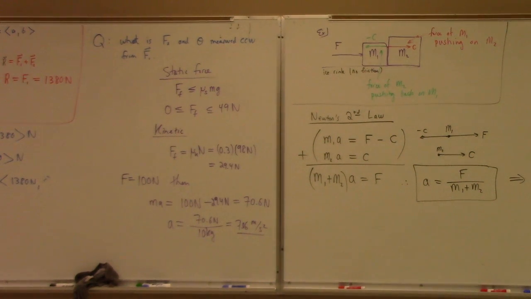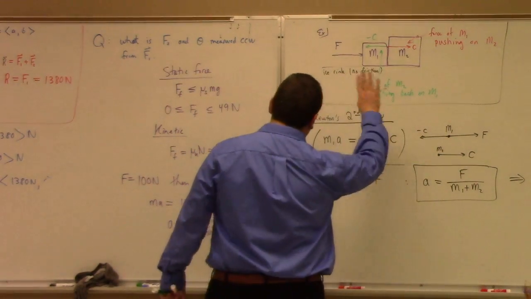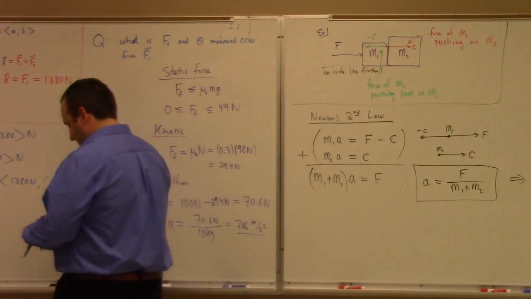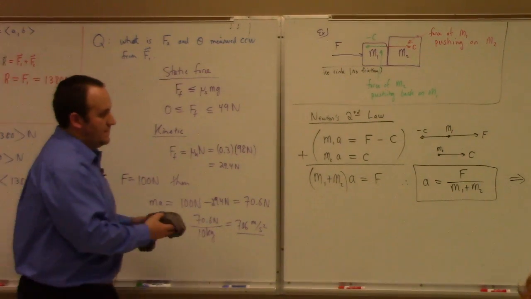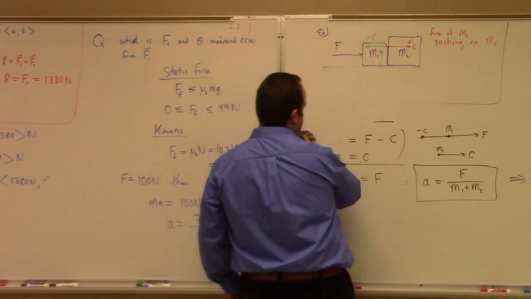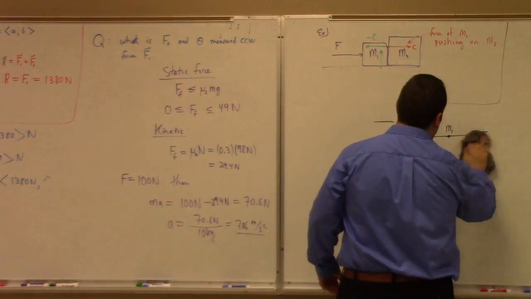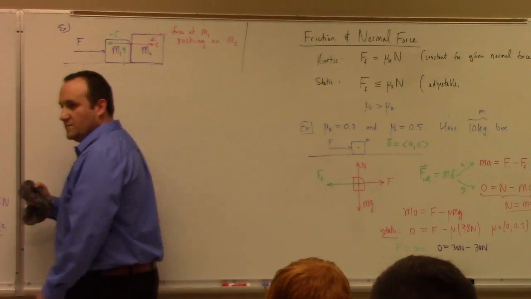How does adding friction change the two box problem? What if I add friction to this problem? How is it different? I still have contact forces, right?